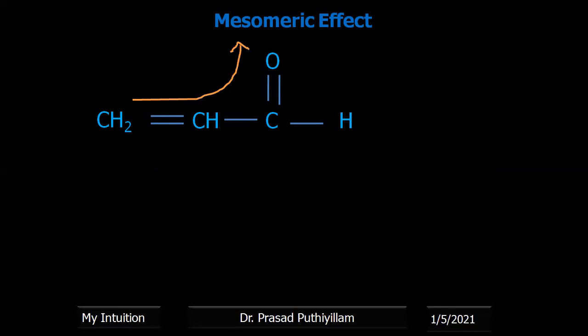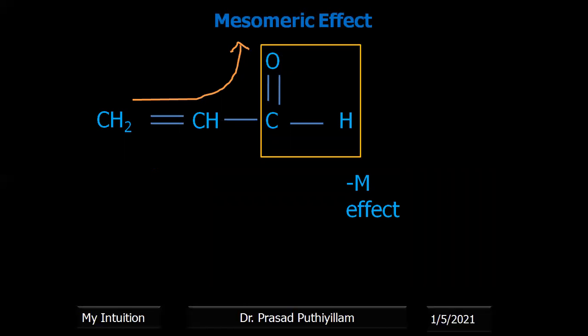So here I can say that the electron movement is towards the aldehyde group. So the aldehyde group can be treated as a minus M effect. Here it is unidirectional. Only the electron movement towards this aldehyde group takes place. The movement back is not possible. Therefore, we call it the mesomeric effect.